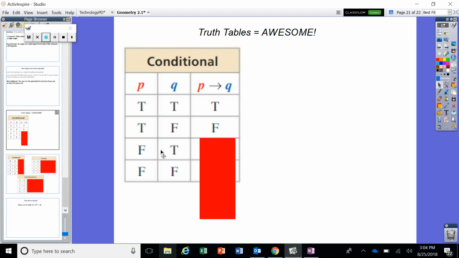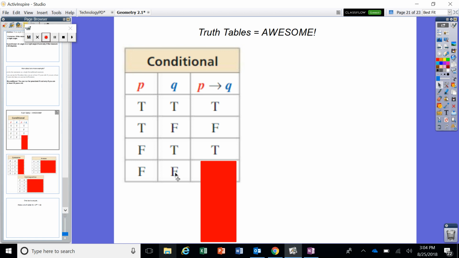You do the science experiment, and even though you may have debunked your actual hypothesis, you still found a conclusion that was true. So if that's the case, it's a true statement overall.